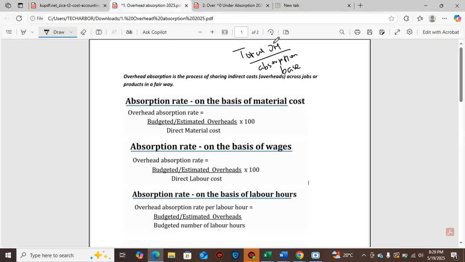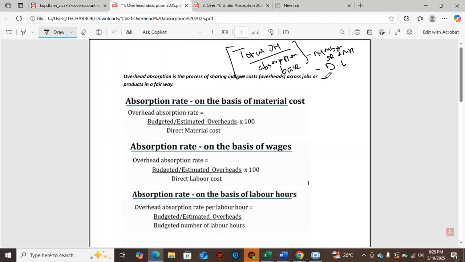Usually the standard formula for absorbing overheads is your total overheads by your absorption base. You can have many absorption bases. You can have number of units. You can have direct labor hours.